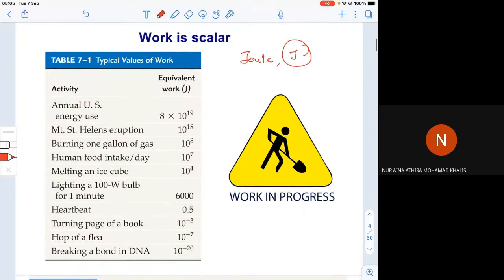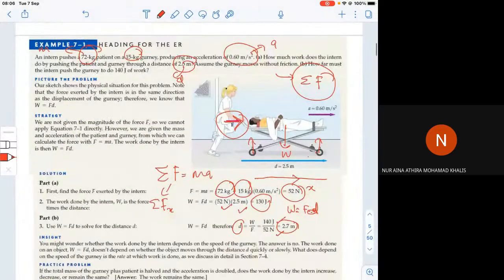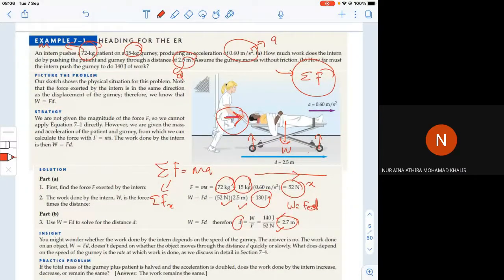For example, a heartbeat, or breaking a bond in DNA. We give you some values, and these are examples of what we will cover for work.